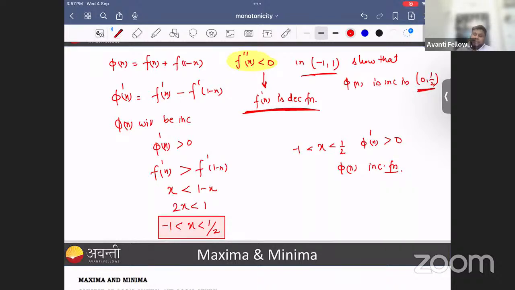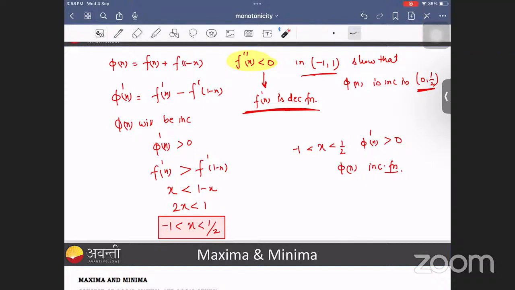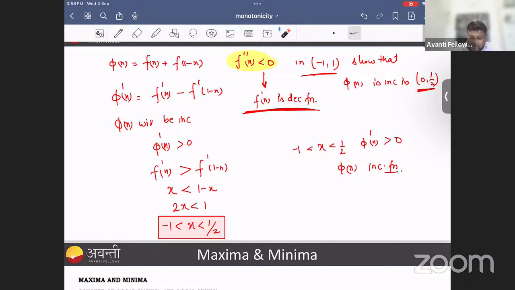But yes, one point is clear that phi dash x is more than 0 if x lies in minus 1 to 1 by 2. Is this fine with you? Got it, guys?